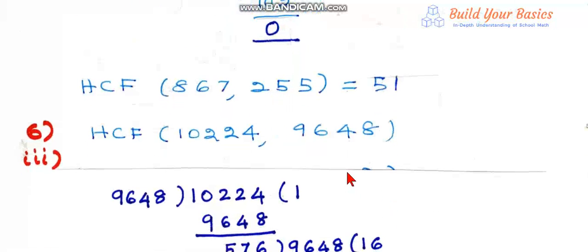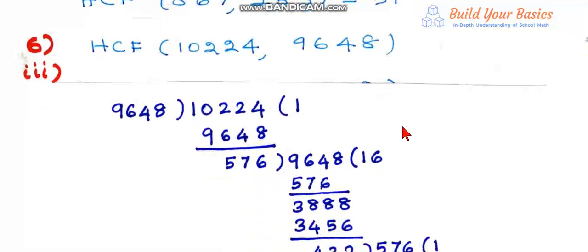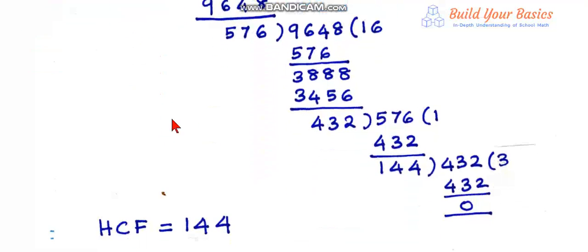Now sixth question, third subdivision. HCF of 10,224 and 9,648. So the bigger number is divided by the smaller number. 576 is the remainder. This 576 divides 9,648.